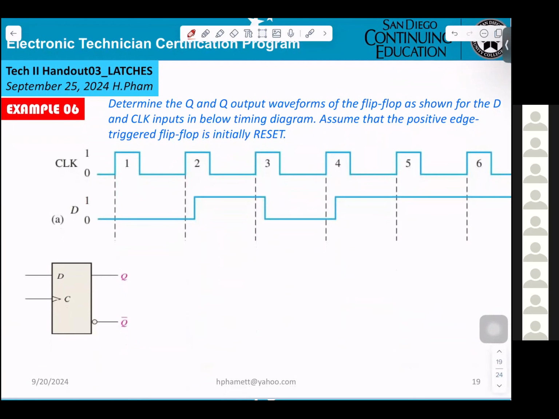What they want: determine the Q and not Q output waveform of the flip-flop as shown for the D and the clock input in the timing diagram below. Assume that the positive edge trigger flip-flop is initially reset.